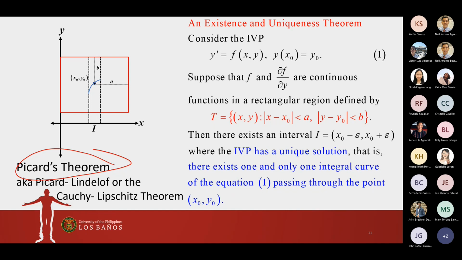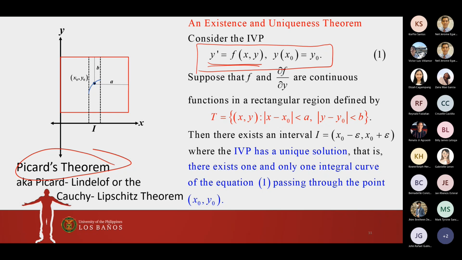So sabi niya, pag meron ka raw IVP na ganito yung itsura, when we say IVP, it's an initial value problem. So you have your ODE with you. Dapat naka-explicit form siya. So bago i-apply si theorem, make sure meron kang first order ODE at saka dapat naka-explicit form siya.